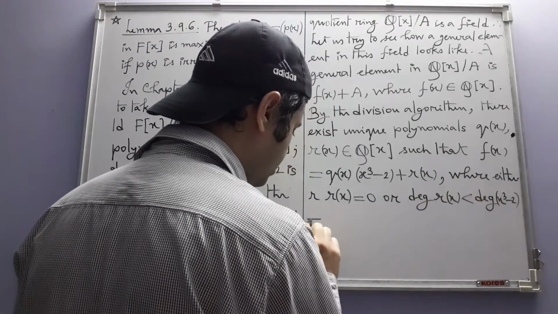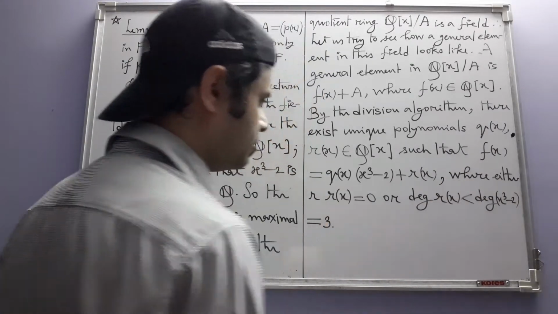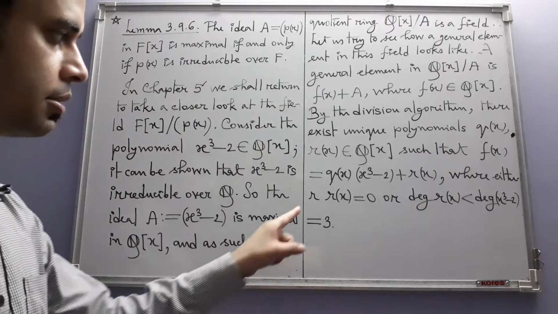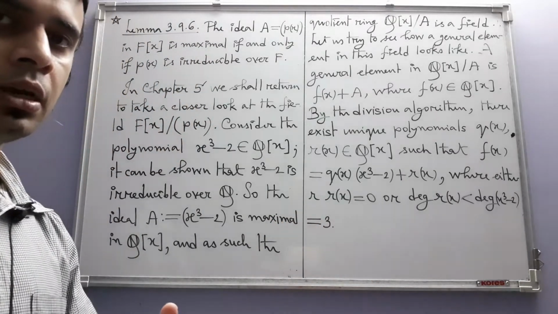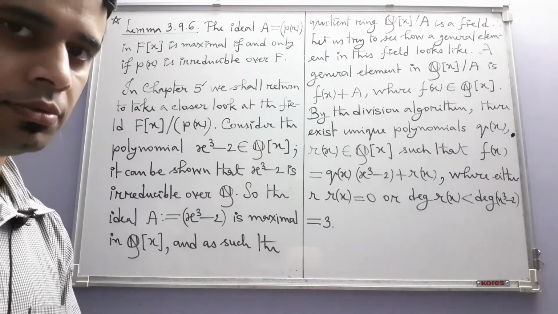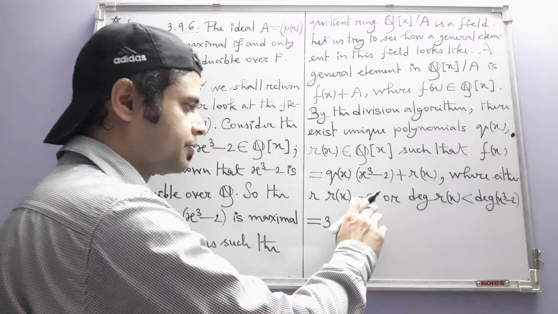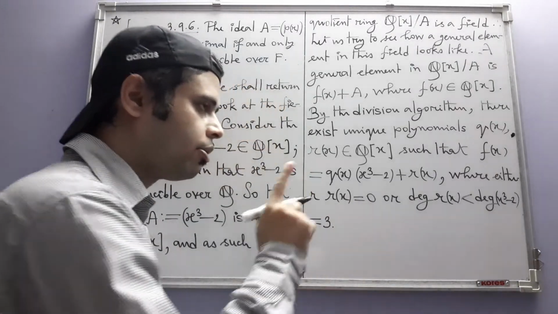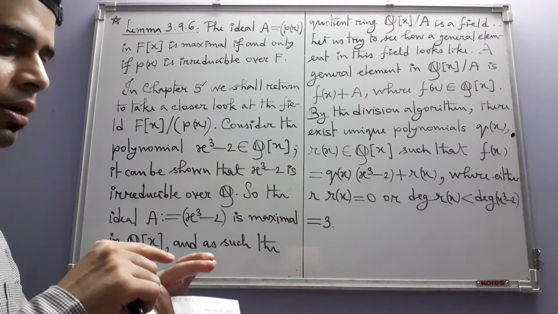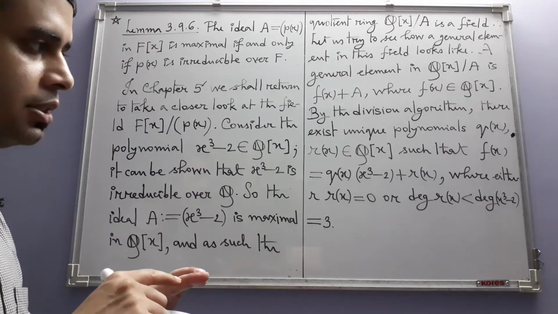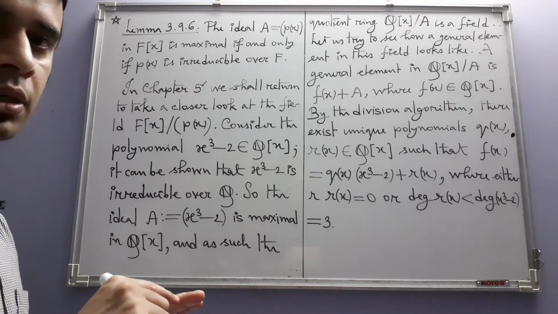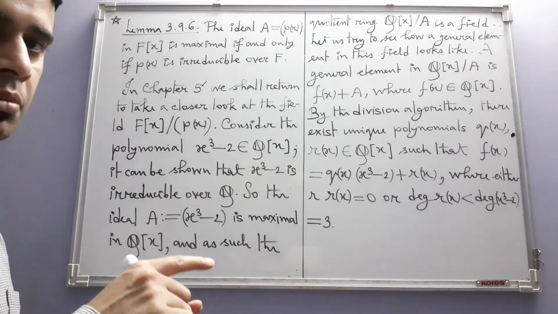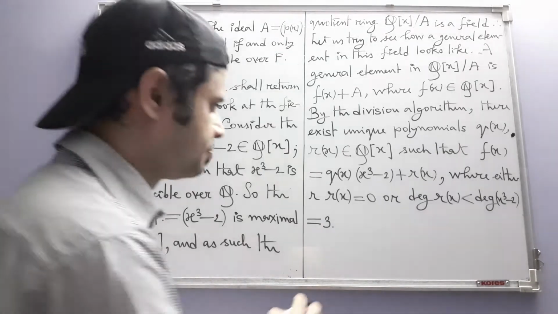Now its degree is equal to 3. So that means either rx is 0 or rx is a polynomial of degree at most 2. That means either rx is 0, or rx is a polynomial of degree 0, that means a non-zero constant, or a polynomial of degree 1, or a polynomial of degree 2.